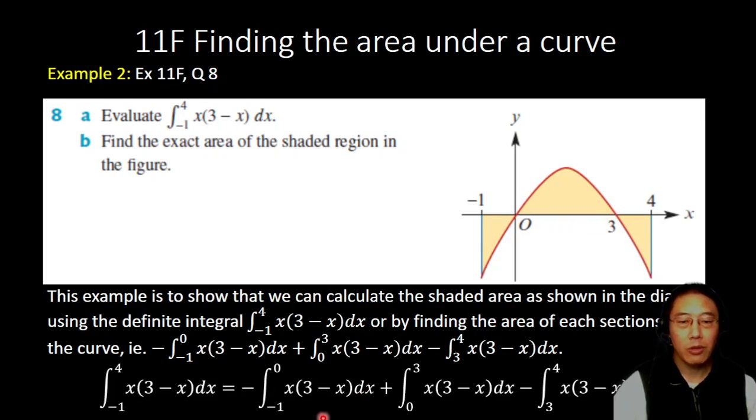So you will split your integral from -1 to 0, 0 to 3, and 3 to 4, and for the portions where the function is below the axis, from -1 to 0 you will have a negative, and from 3 to 4 you will have a negative as well. As you evaluate all of that, that will give you your area.